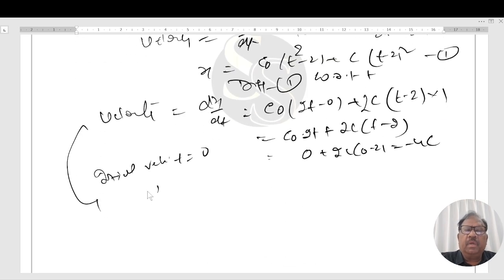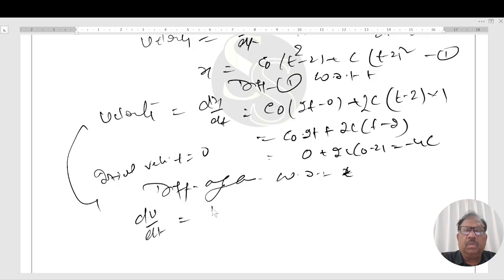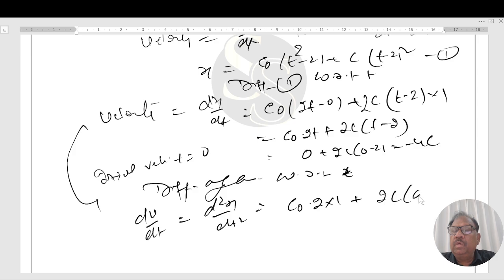Now differentiating again with respect to t, dv by dt, or you can say d square x by dt square, equals c naught into 2 into 1 plus twice c into 1 minus 0.